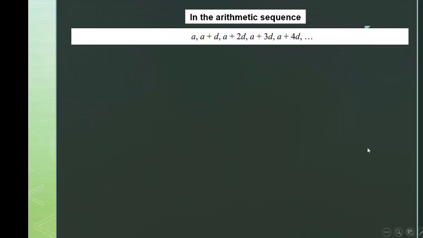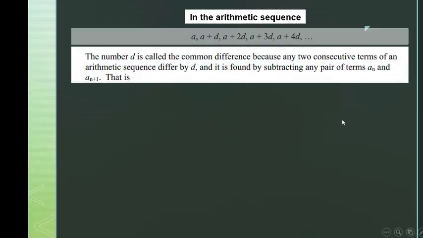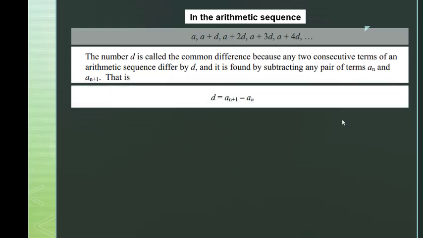Also, in the arithmetic sequence, the number D is called the common difference because any two consecutive terms of an arithmetic sequence differ by D, and it's found by subtracting any pair of terms, that is, any term subtracting from it the previous term.